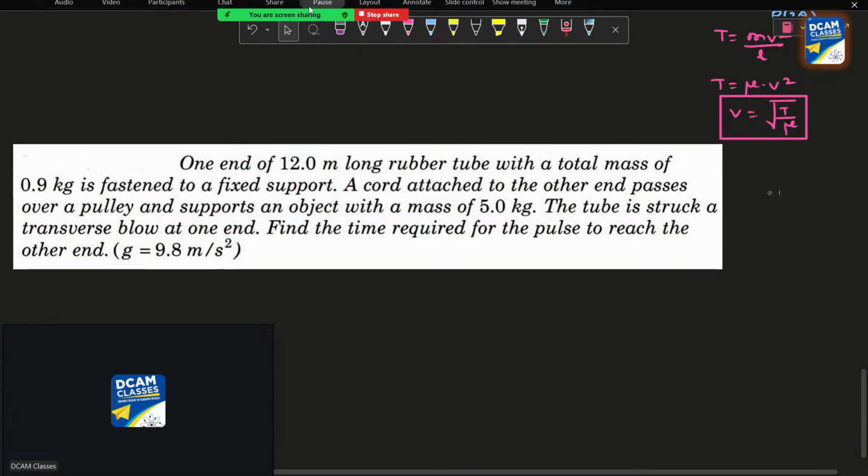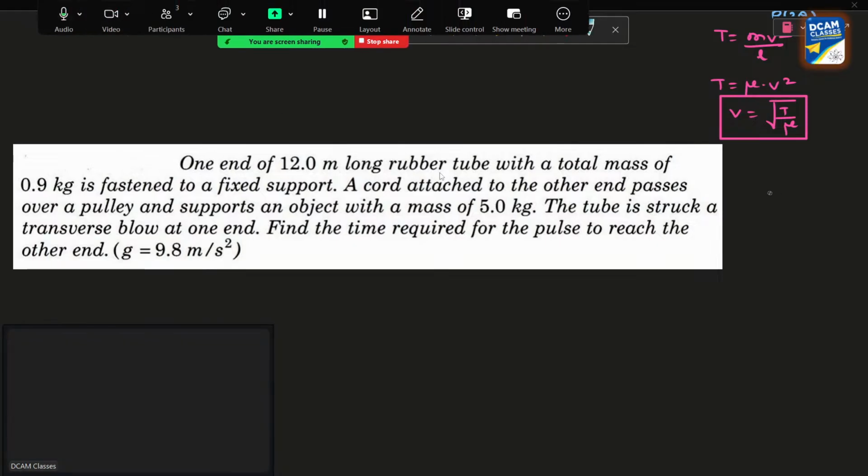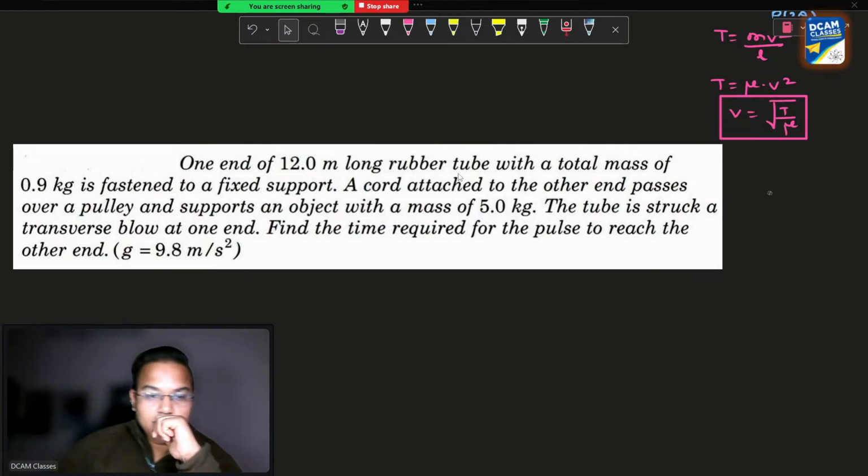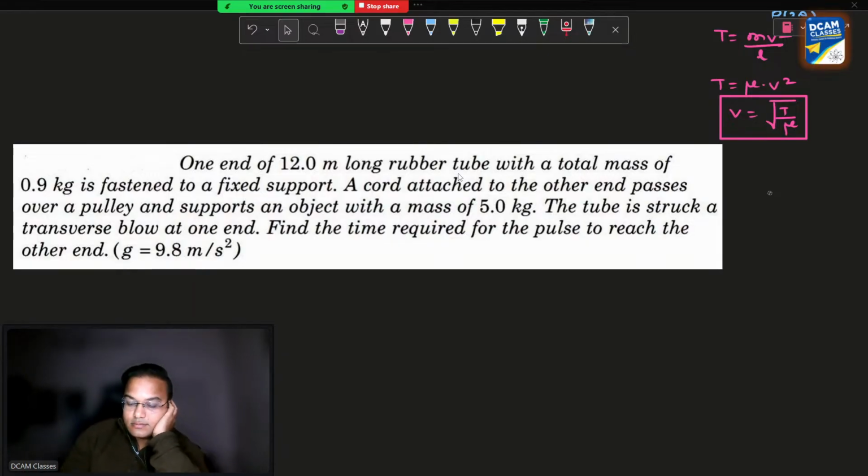First tell me whether you are able to understand the question or not. Haripriya, do you understand this question? Yes. Okay.